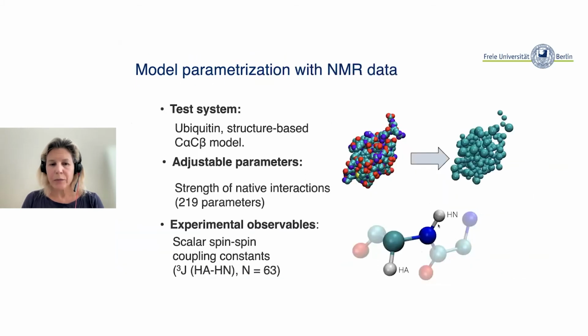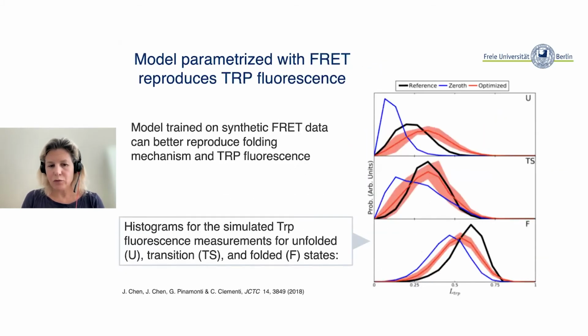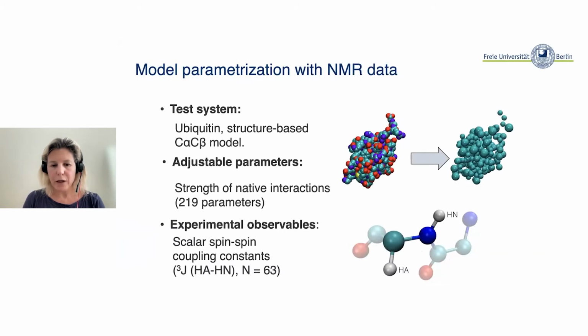So this was a proof of principle. We were happy about it. And now we are working on real experimental data. So here you can see the NMR data. What we did with the NMR data was a carbon alpha, carbon beta model of ubiquitin.